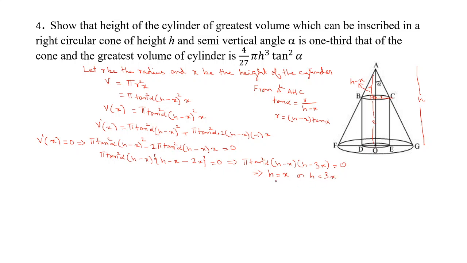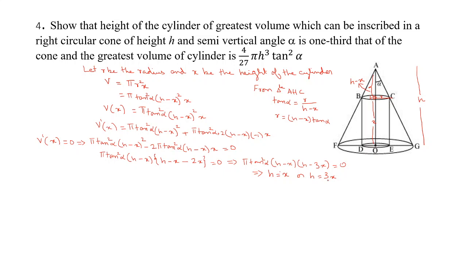So the height of the cone should be equal to the height of the cylinder, or the height of the cone should be equal to 3 times the height of the cylinder. The height of the cone equal to the height of the cylinder is not possible. So this is the case.